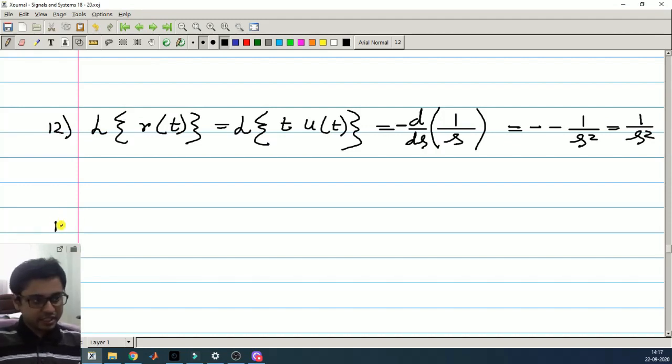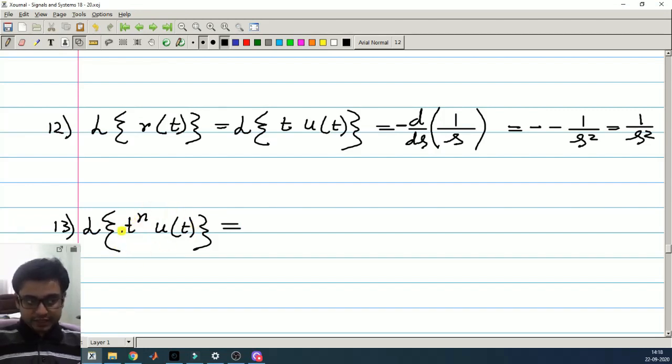Next, in the same way, we can ask what is the Laplace transform of t to the power n u(t). You can do this recursively.